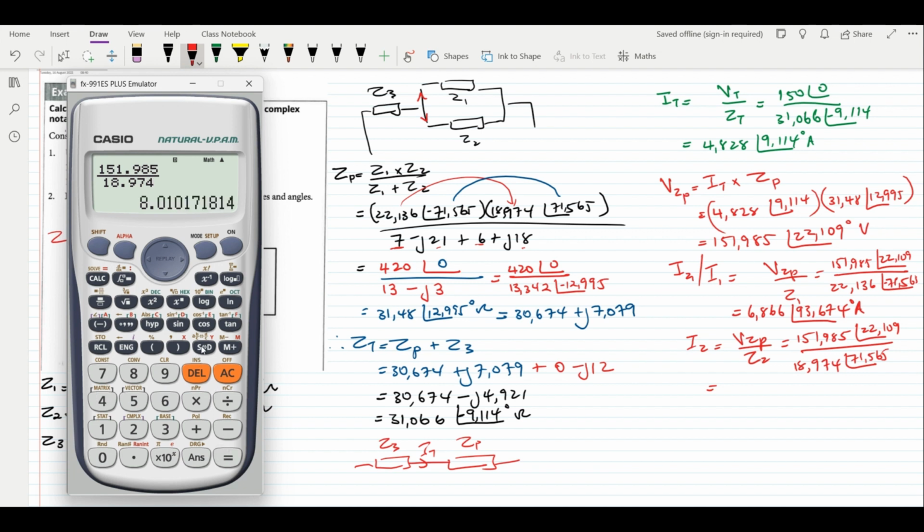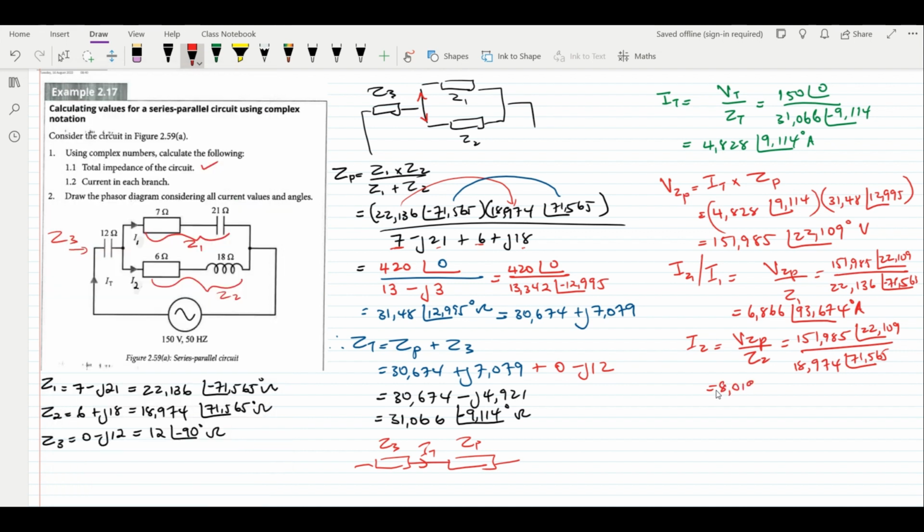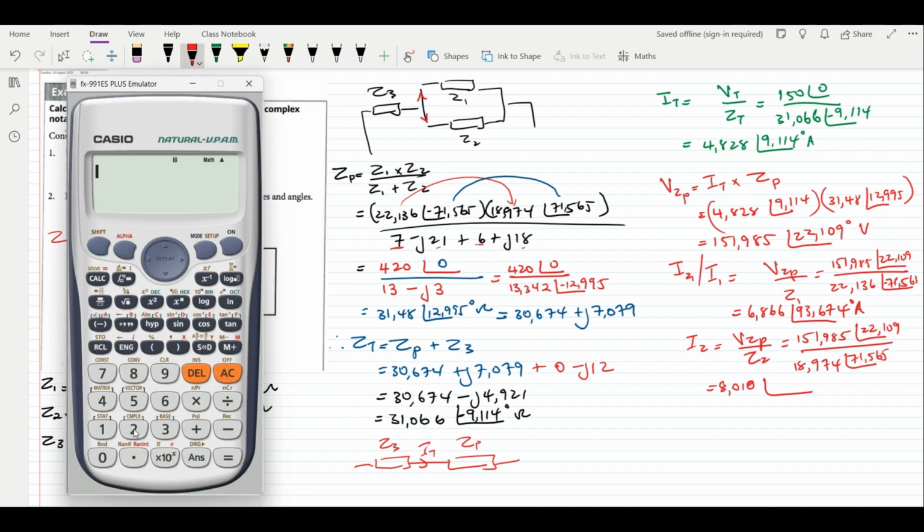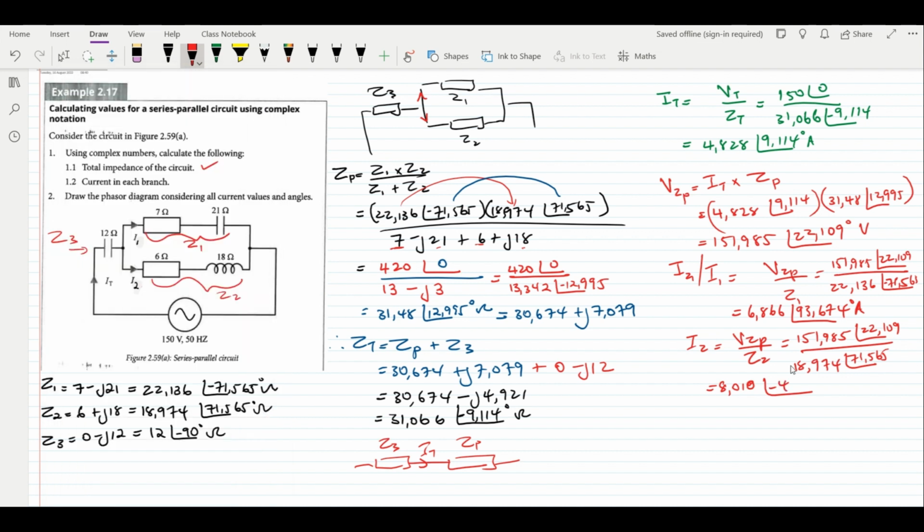That should give us 8.010. So this is 8.010 at an angle of 22.3 minus 71.3. They should give us negative 49.456. Negative 49.456 degrees amperes. We've now calculated the current in each branch of the circuit.